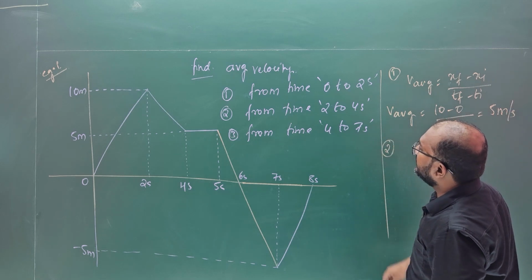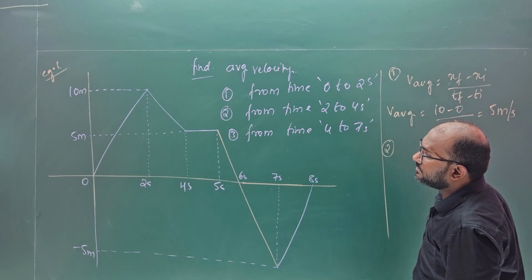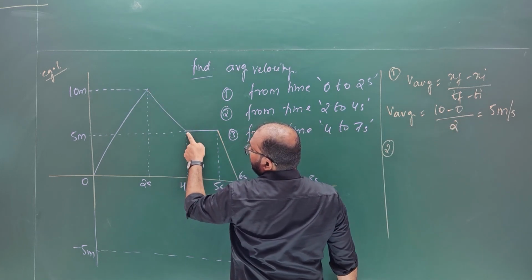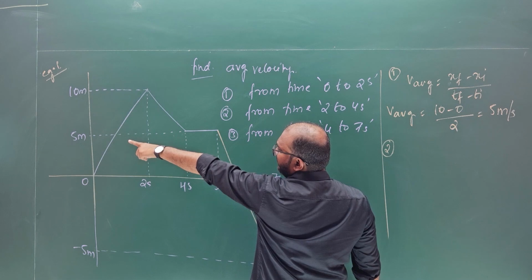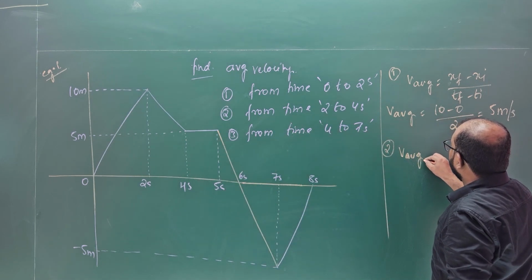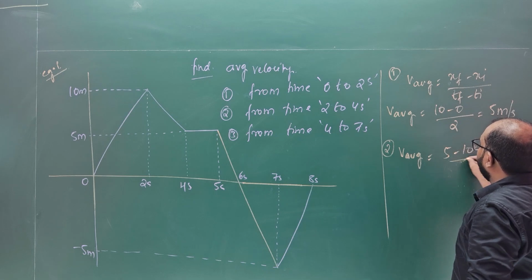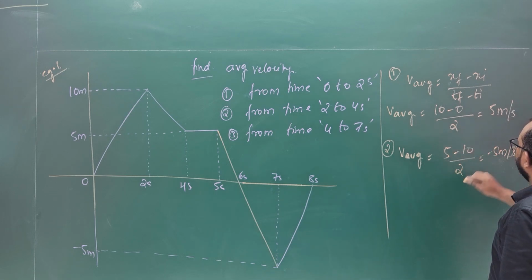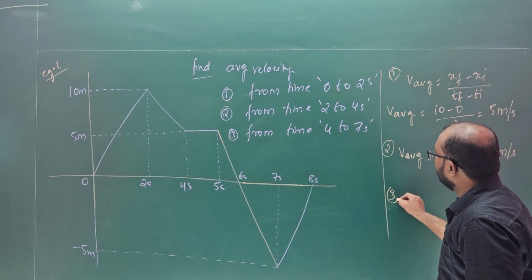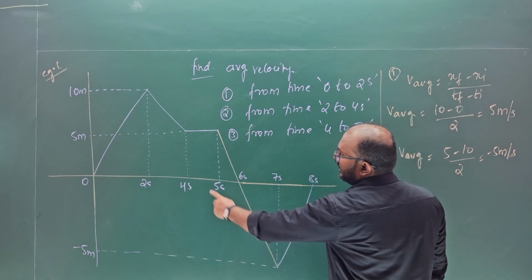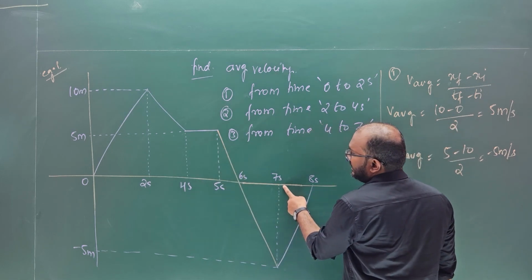Second answer is from 2 to 4 seconds. Where is 2? So here is the 2. So this is your final position. Final position is at 5. So V average is nothing but 5 minus 10 divided by how much time? Again 2, that is minus 5 meter per second. And the third answer is what? From time 4 to 7 seconds. So 4 is here, 7 is here.